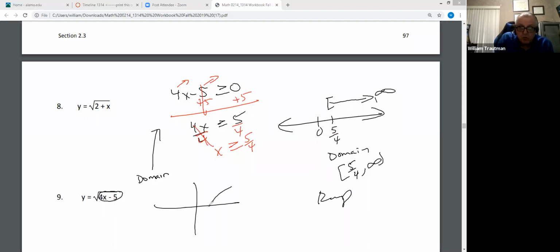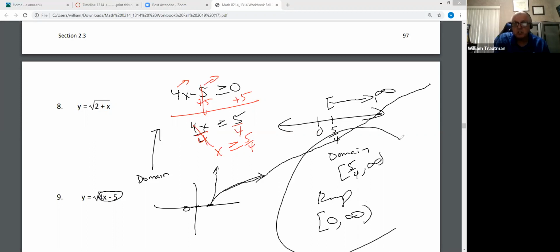Starts at 5/4, goes up and to the right. So the range, the lowest y value is 0, should be a bracket, because it's touching 0 right there. And it goes all the way up, even though you can't see it, it's going up and to the right. It goes up to infinity. There's the domain and range for number 9.